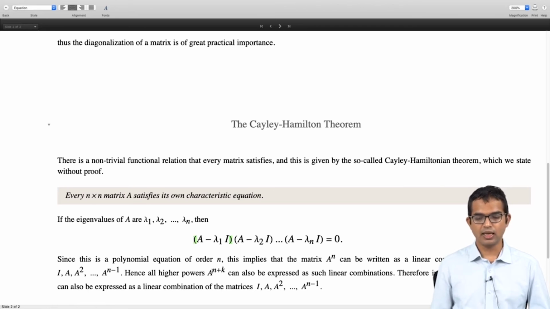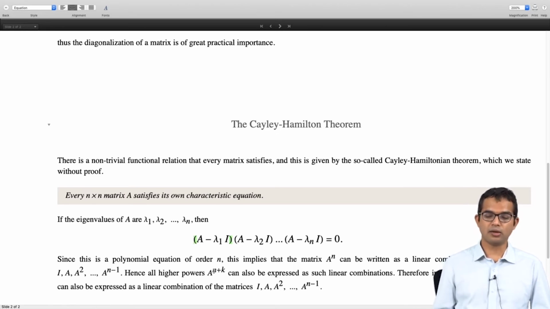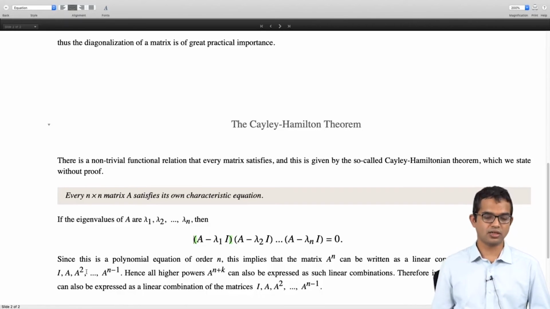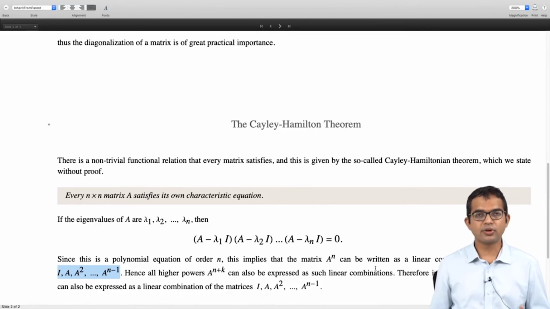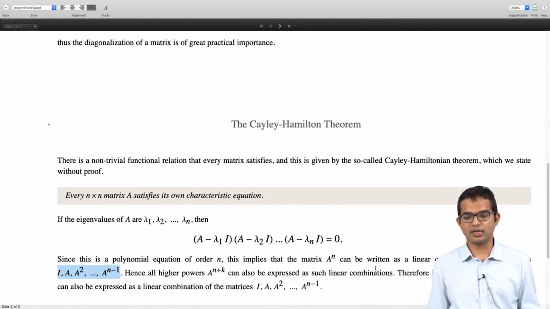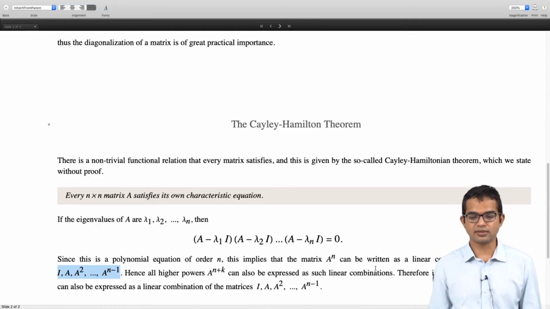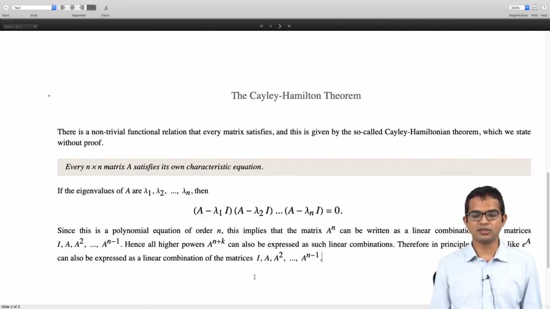So in general, any higher power A to the n plus k can also be written as linear combinations of these matrices. In fact, therefore, you can write any function of your matrix, f of A, itself as linear combinations of just these n matrices I, A, A squared all the way up to A to the n minus 1. In principle, a function like e to the A can also be expressed as a linear combination of these matrices, right?